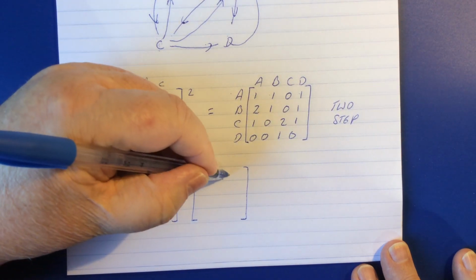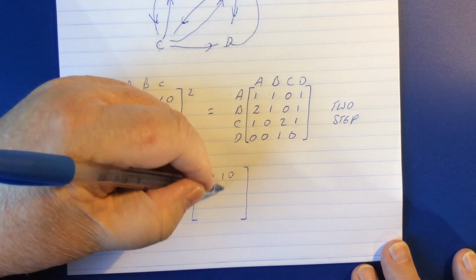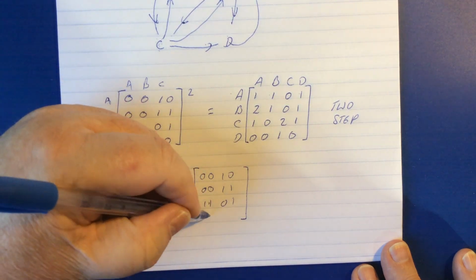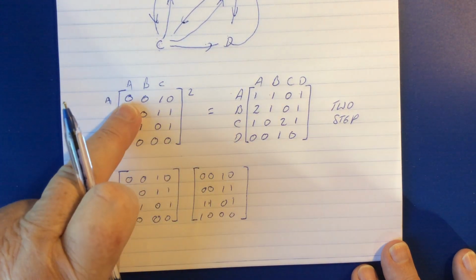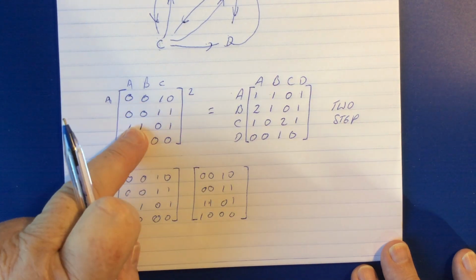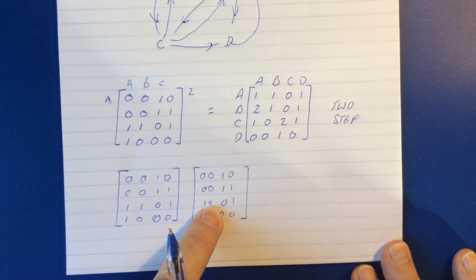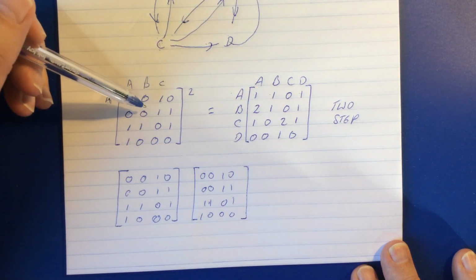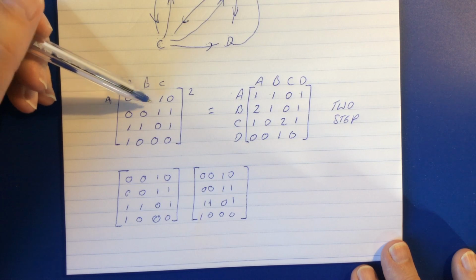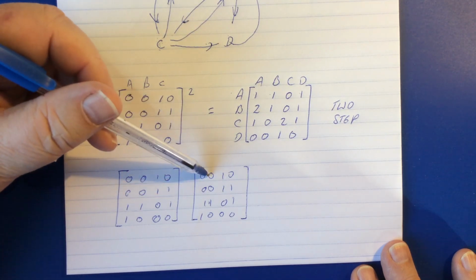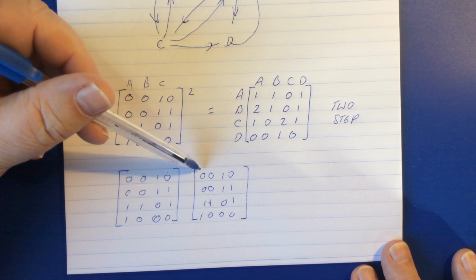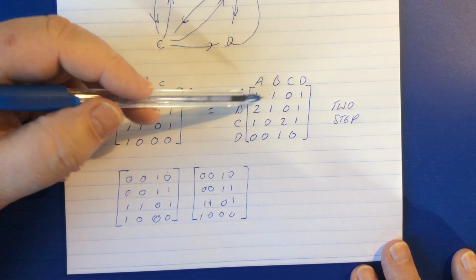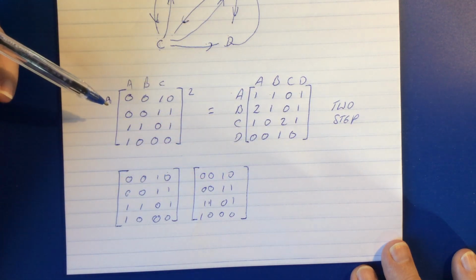0, 0, 1, 0, 0, 0, 1, 1, 1, 1, 0, 1, 1, 0, 0, 0. This squared means taking this and multiplying it by itself. And you either do it this way on a calculator, which is what I did, or you do it this way, longhand, which means taking this row and multiplying it by this column, and so forth and so on, until you get your two-step matrix.